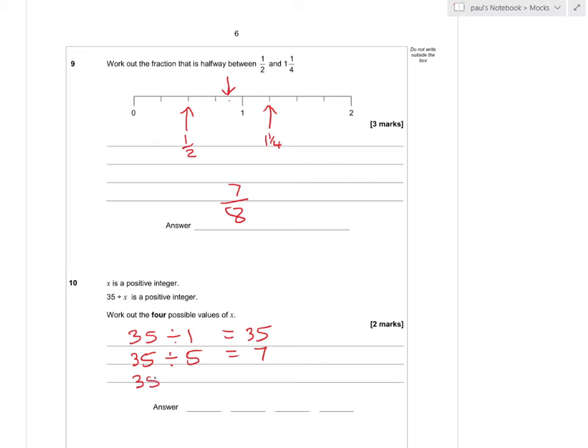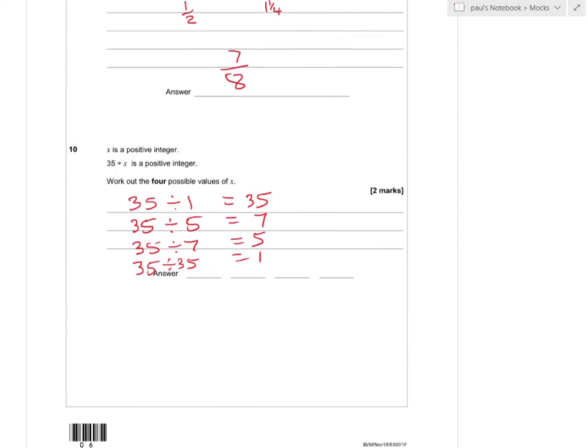And 35 divided by 7 equals 5. And 35 divided by 35 equals 1. So there, 35, 7, 5 and 1 are the answers to that one.